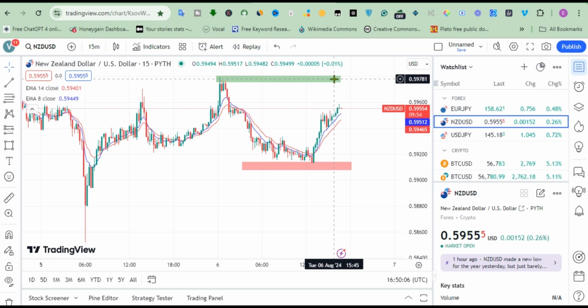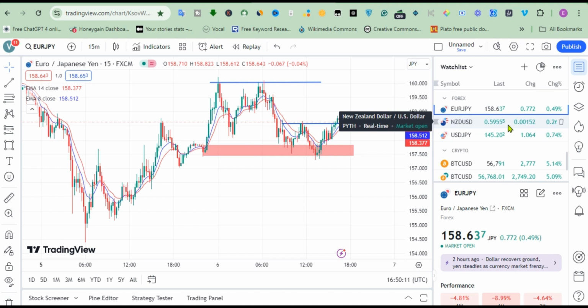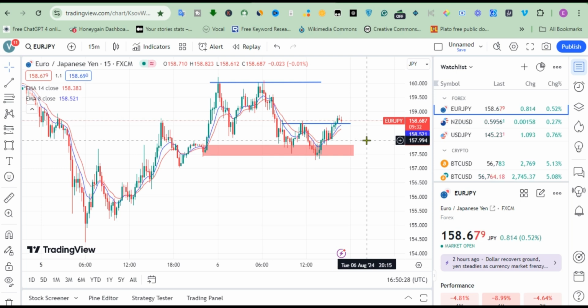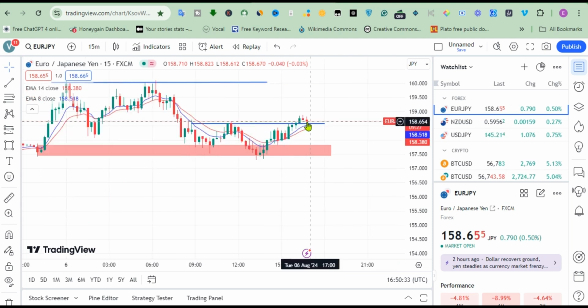You can see this one that has crossed past this line is going back to test this line. We test it, it can even go higher, touch it and go back up to this line.